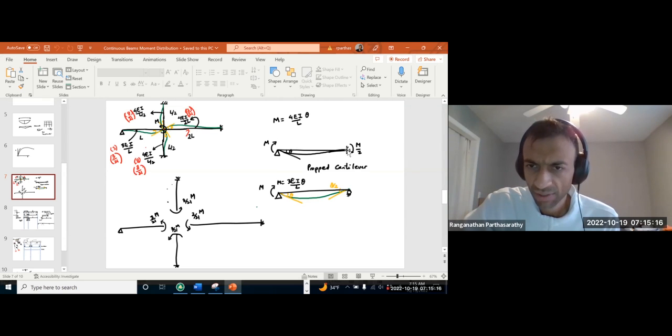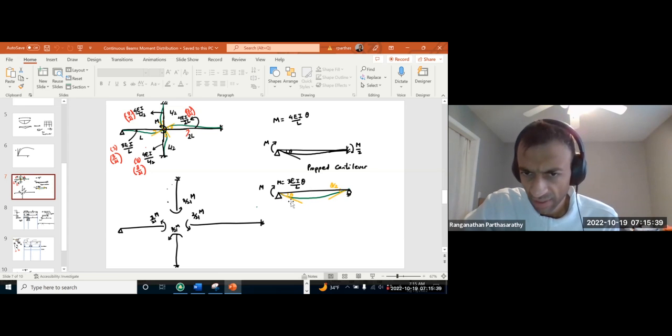At the other end, of course, there is no rotation since it is fixed, but there is a moment M over 2 transferred to that end because of this applied moment M. For the simply supported case, the relationship between moment and angle of rotation at that end is M equals 3EI by L theta.